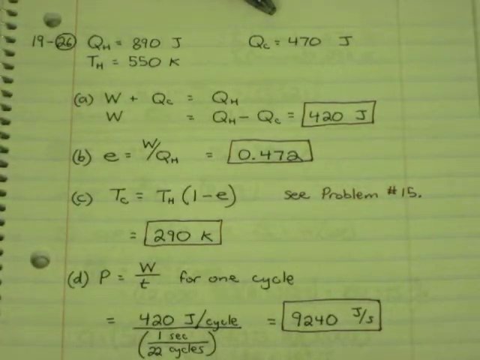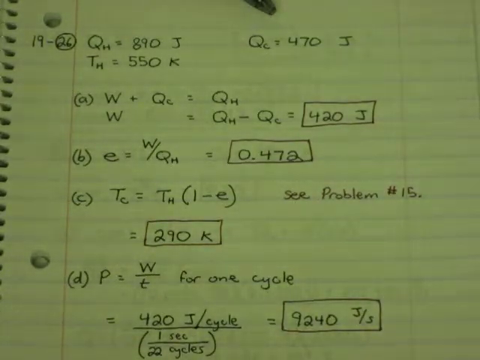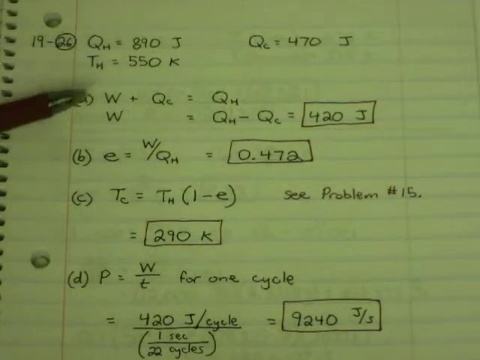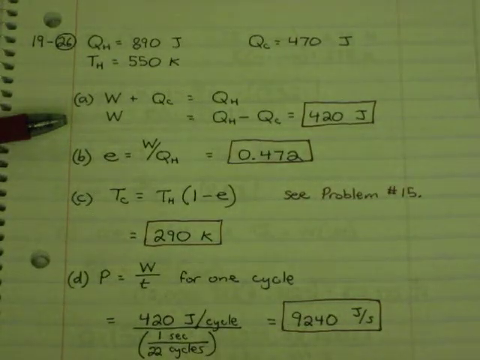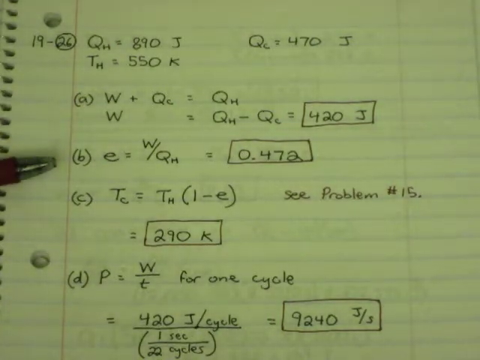During each cycle. And so later on we'll talk about the timing of that cycle. So the work done during each cycle, conservation of energy, work equals QH minus QC, that's 420 joules, 890 minus 470. The efficiency, W over QH, so 0.472.